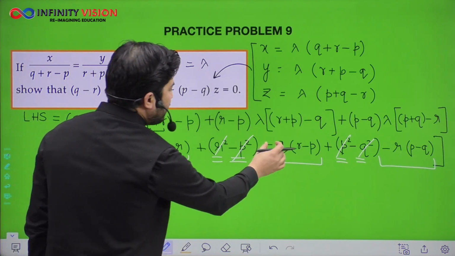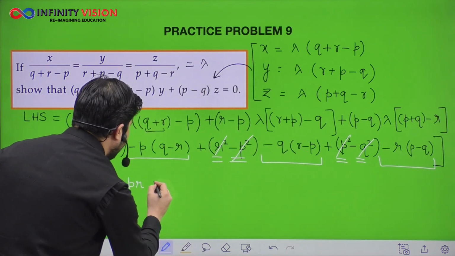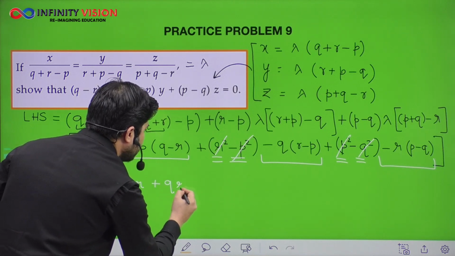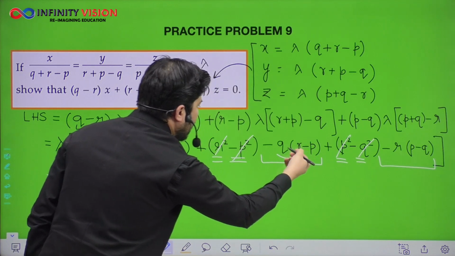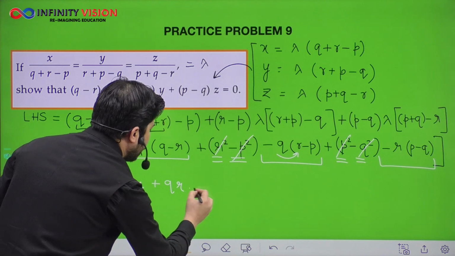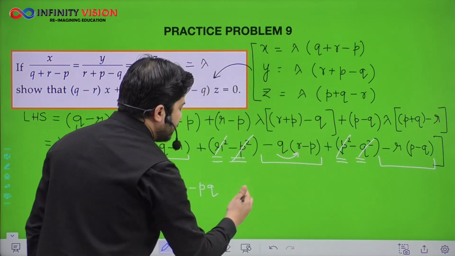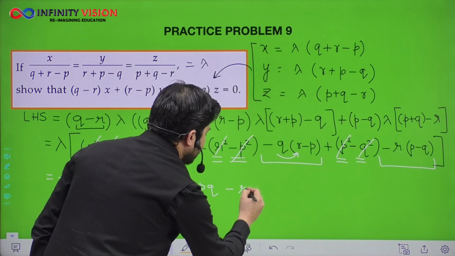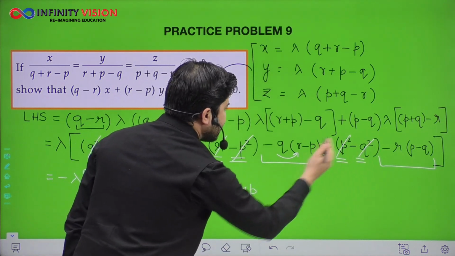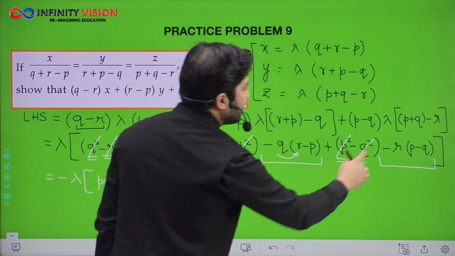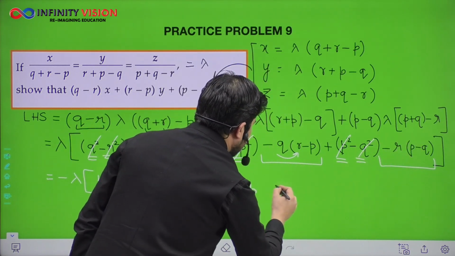In the same fashion, minus has been taken out. It would be written plus qr because q into r is qr, and q into minus p would be minus pq. And the last guy would be minus rp. Minus has been taken out, so it would be plus rp, and then it would be minus rq.